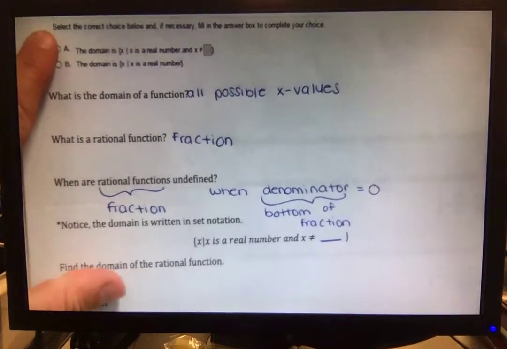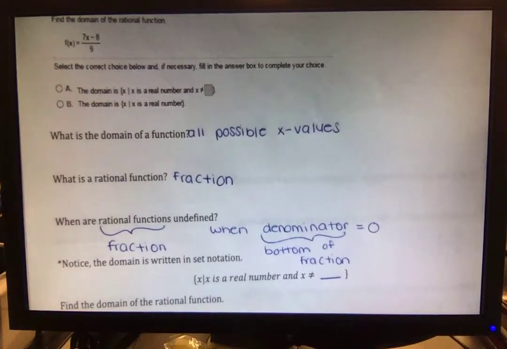So going back to our problem, it says find the domain. So what can I plug in for x for 7x minus 8 over 9? So it's a fraction. When did we say when are fractions undefined?